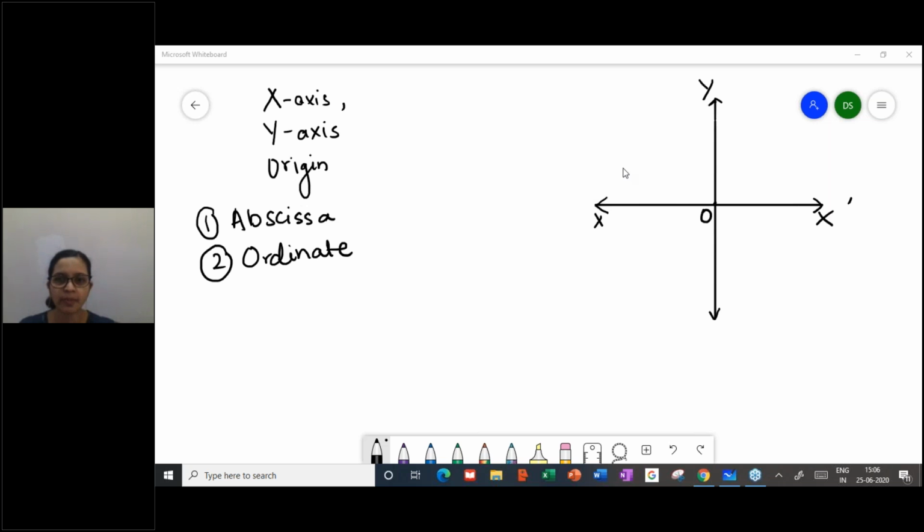Okay, so we talk about the axis, right? So one way of representing it is just simply put y at one end, or you can put x and x dash at the other end. So these are the ways of labeling the axis. Okay, this point here is known as the origin, or also the point where the two axes intersect, right?